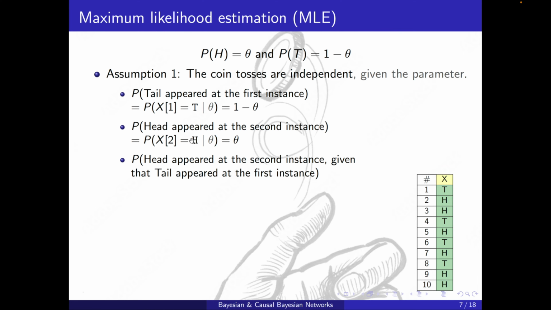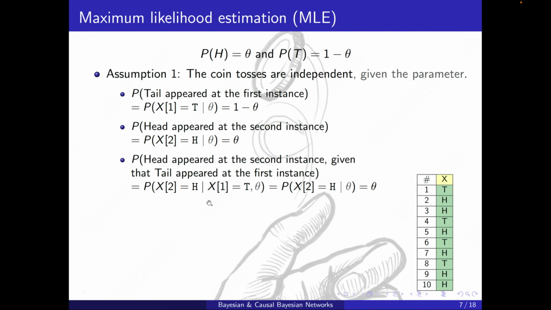But what if I condition it? So head appearing at the second instance, given that tail appeared at the first instance. P of x2 equal to h, given x1 equal to t, and of course I have my theta parameter here. Well, this is the same as probability of head given theta, or basically theta.